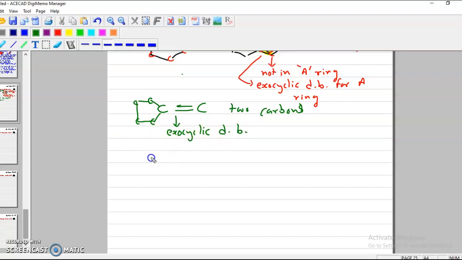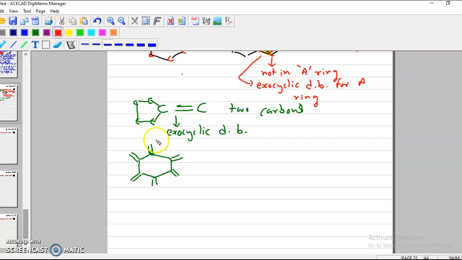Okay. So in fact, there should be this type of structure. It can be here or maybe here. So there are all possibilities for having exocyclic double bond. All these bonds are called exocyclic because one carbon of the double bond is part of the ring and another is outside the ring.